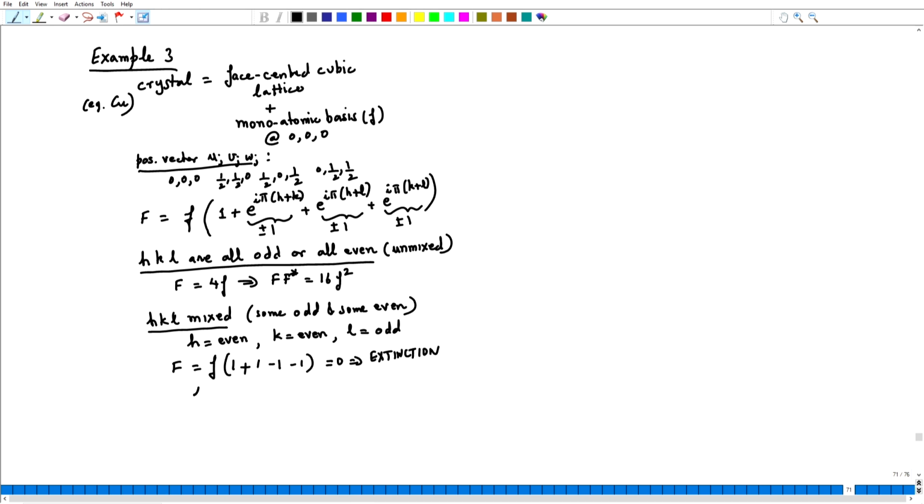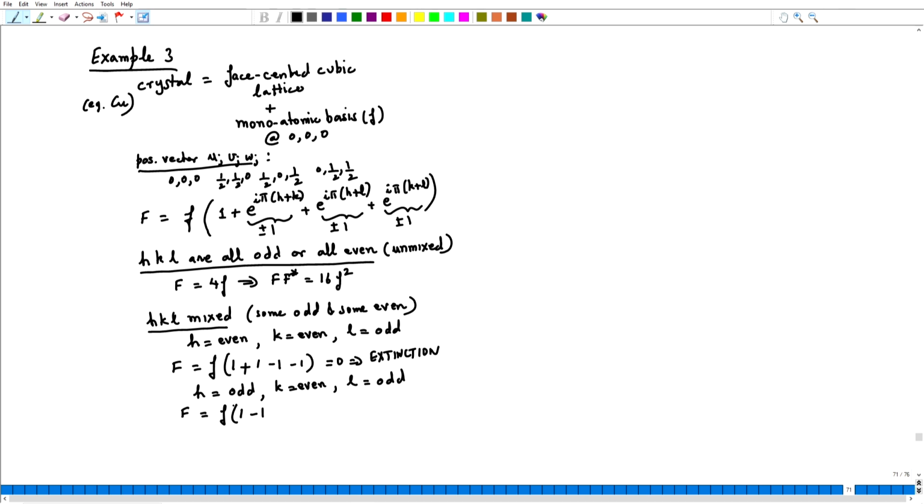Maybe take another example, let us say h is odd and let us say k is even and l is odd. So, now in this case I have 2 odd indices, 1 even index. So, I will get f is equal to the structure factor. The first term is anyway plus 1, the second term would be h and k, one is odd, one is even. So, e to power i pi h plus k would be minus 1.